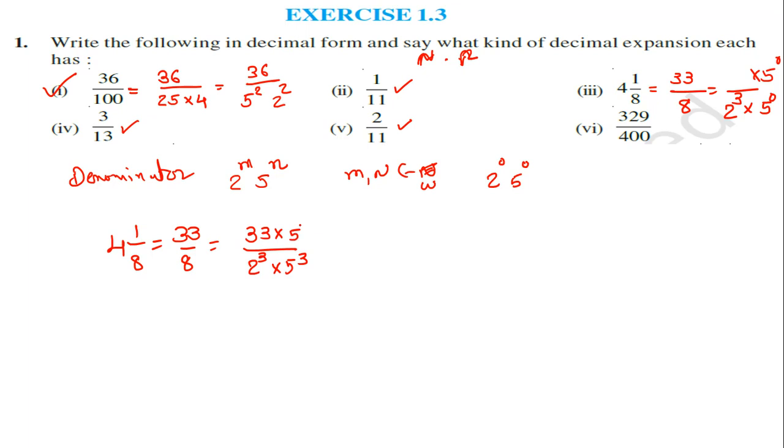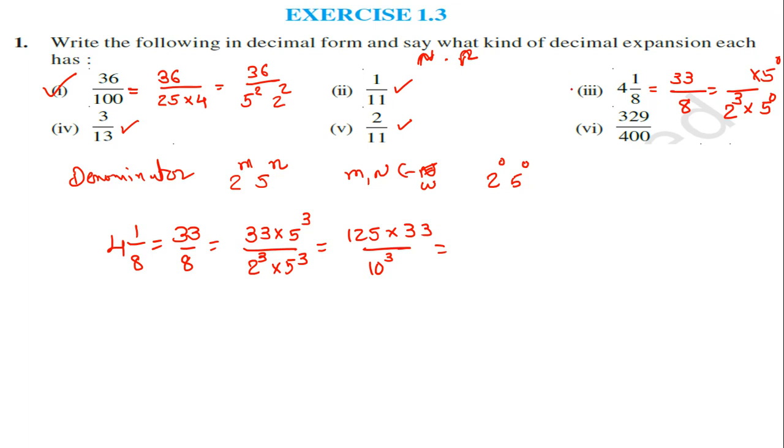So as per rule of mathematics we have to multiply 5 raised to 3 both side. So 5 raised to 3 is 125 into 33, and here 5 raised to power 3 into 2 raised to 3 is 10 raised to 3. Answer we don't require, but I am just showing you the result.